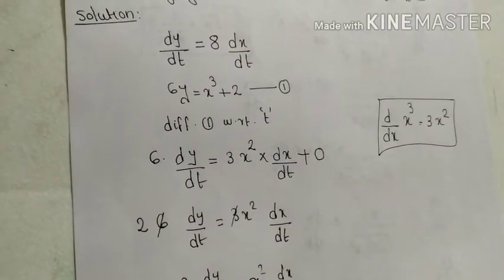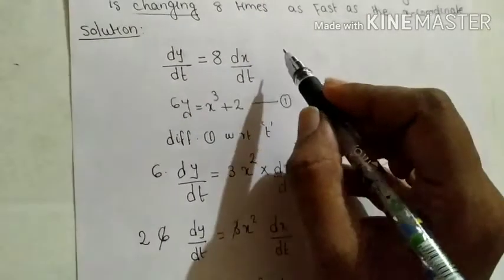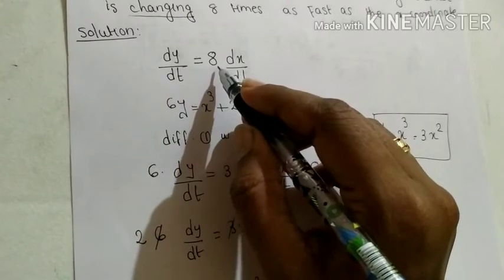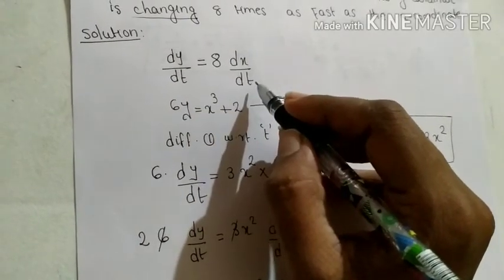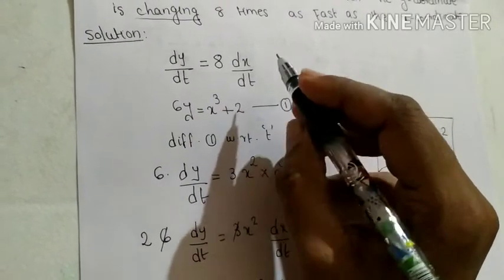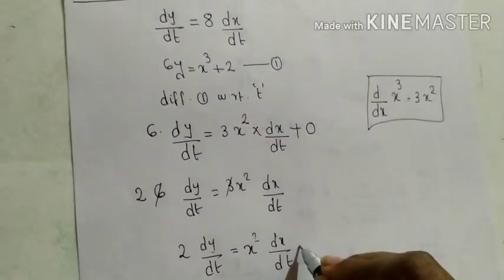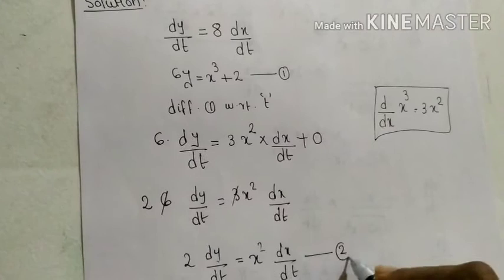Okay. So our given condition is dy by dt equal to 8 into dx by dt. I am going to name it as equation number 2.